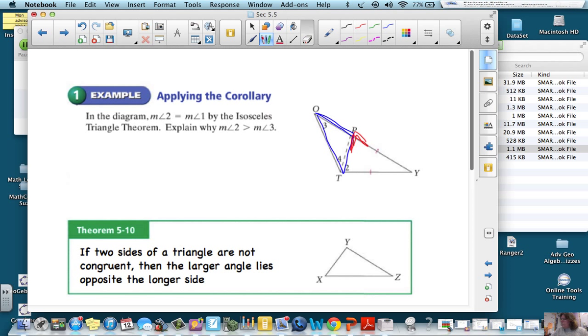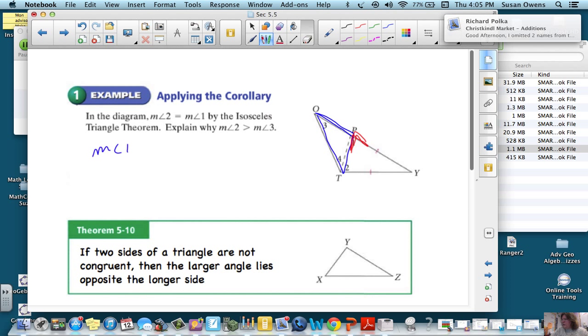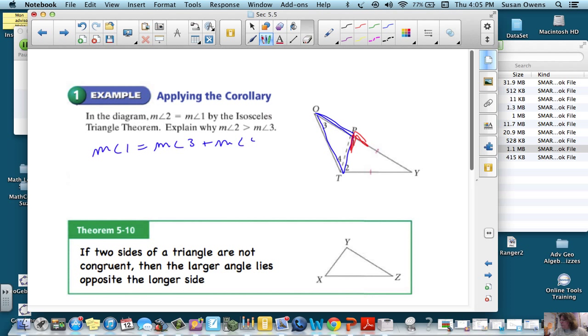So we know that the measure of angle 1 is equal to the measure of angle 3 plus the measure of angle 4. But we also know by the isosceles triangle theorem that 1 is congruent to 2, so the measure of 1 equals the measure of 2. So we can substitute, and say that the measure of angle 2 is equal to the measure of angle 3 plus the measure of angle 4.